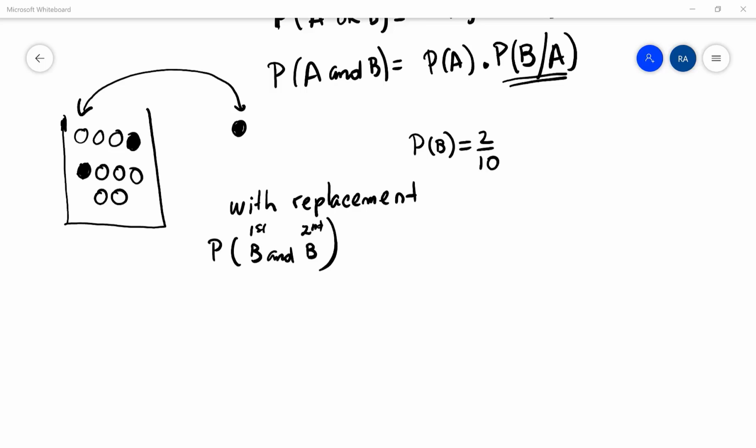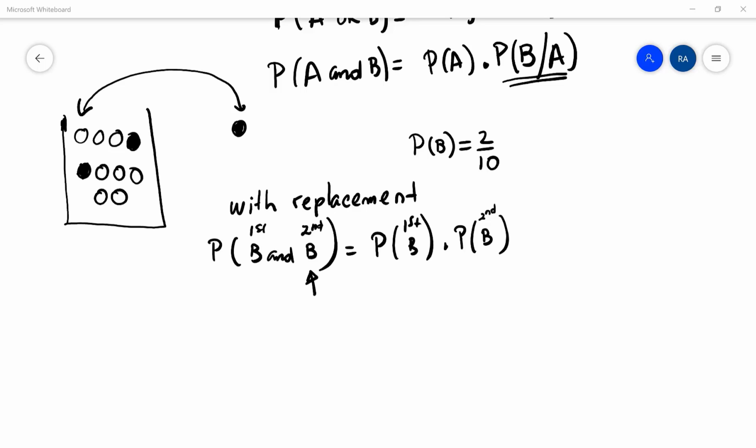Then the probability that the first ball is black and the second ball is black could be computed in this way. We need to obtain the probability that the first is black, we need to compute the probability that the second also is black, and we need to multiply these two probabilities. In this case, the probability of the second selection is not affected by the first selection. These two events are independent.